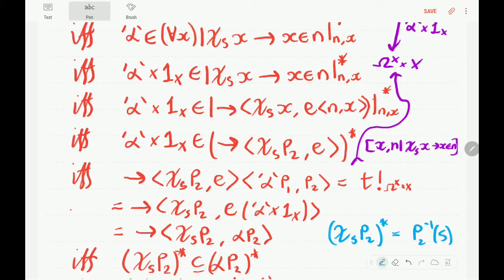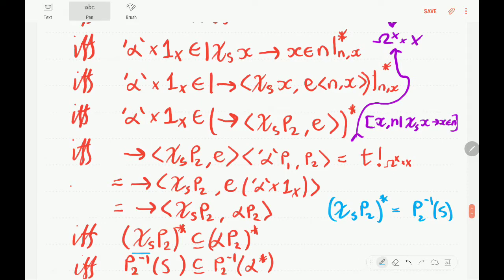Okay, so using this kind of idea, we can say that this holds if and only if the pullback of s along p2 is contained in the pullback of alpha star along p2.